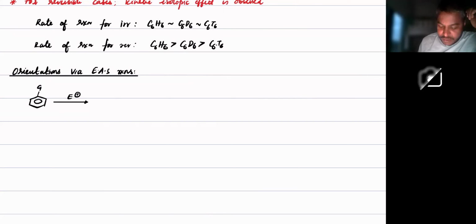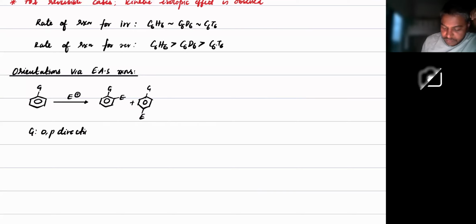If it makes a substitution at this position plus this position, like this here, then we call G an OP directing group. That means it is pushing onto ortho and para. This is ortho, this is para.